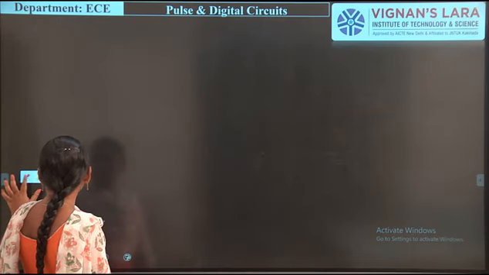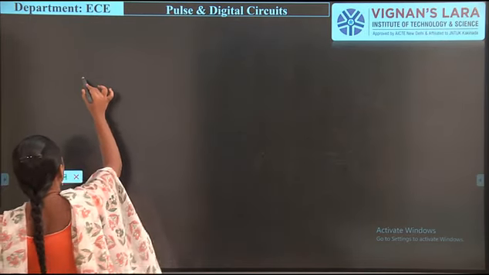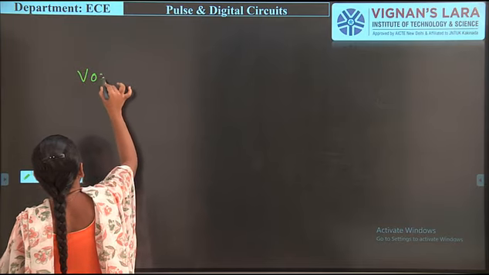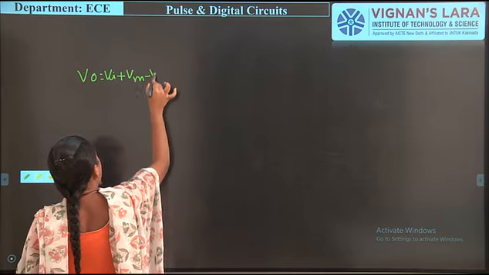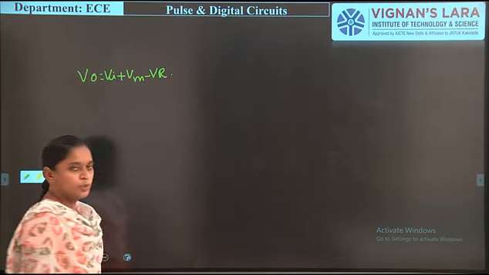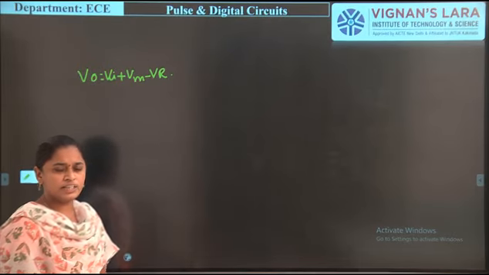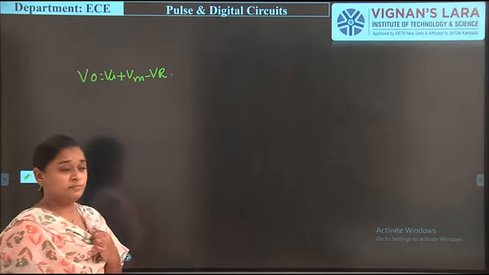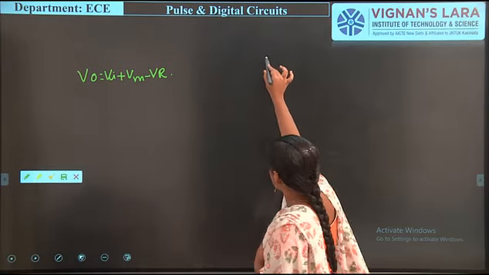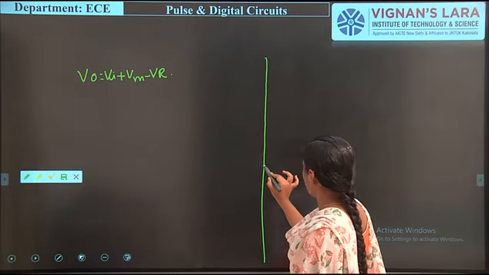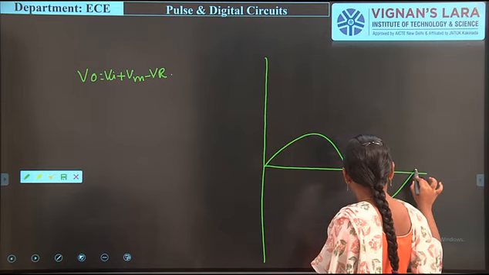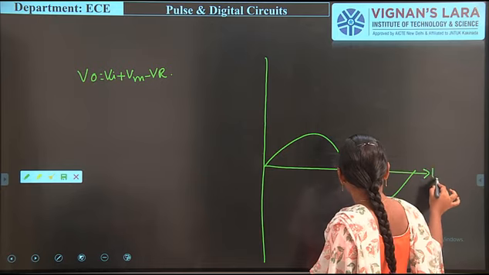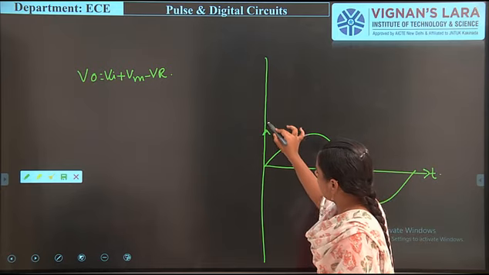We know that V0 is equal to Vi plus Vm minus Vr. First I draw the input waveform, and based upon that we get the output waveform. This is the input waveform, with time on one axis and Vi on the other.